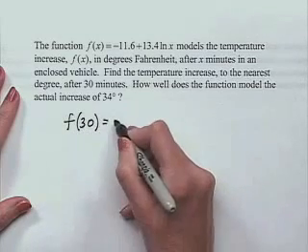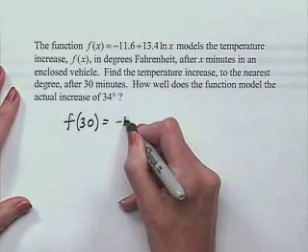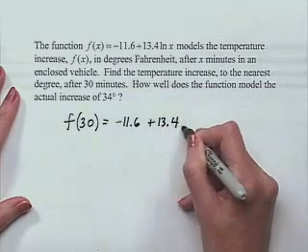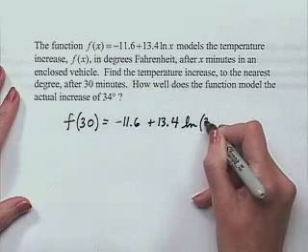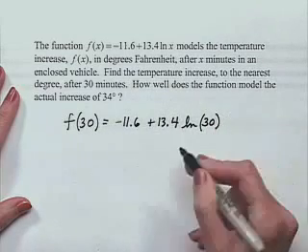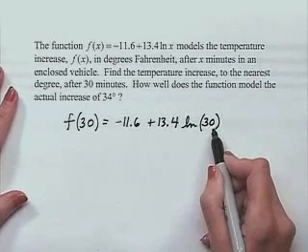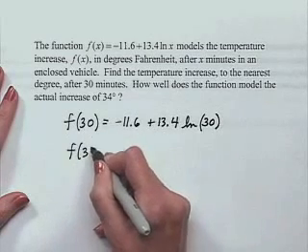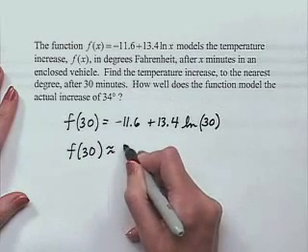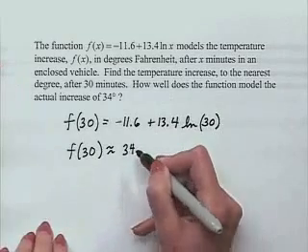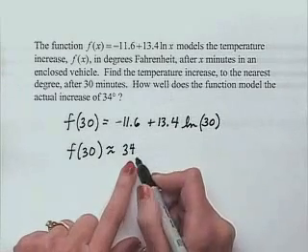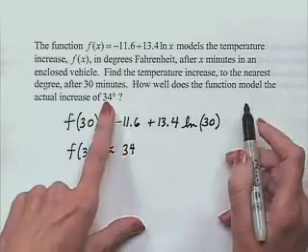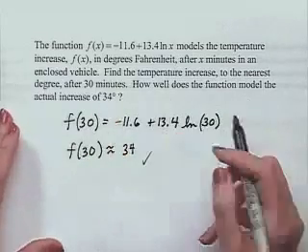Now that requires us to rewrite the function -11.6 plus 13.4 times the natural log, this time substituting in our value of 30. Using your calculator, you can substitute this expression in and find out that f of 30 is approximately equal to 34. And since we're now being asked to determine whether the function models the actual increase of 34 degrees, it turns out it's a very good model indeed.